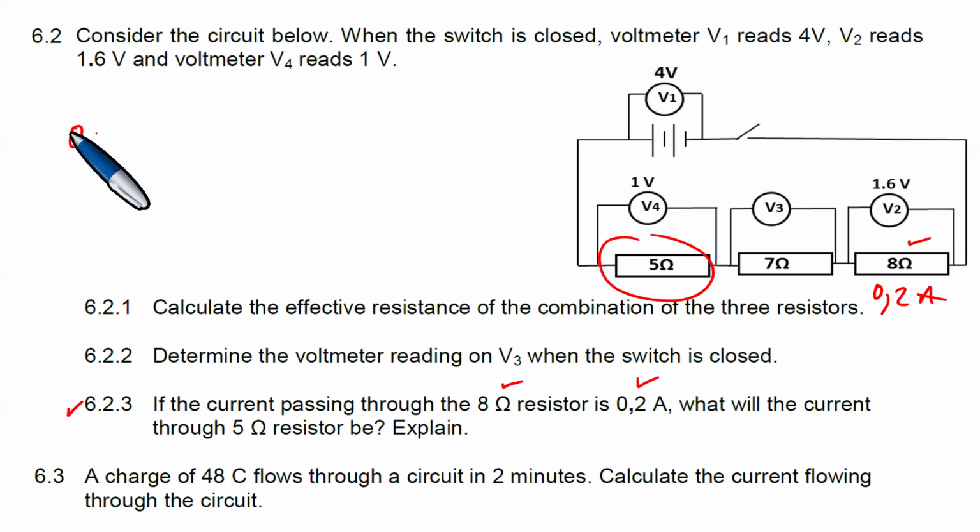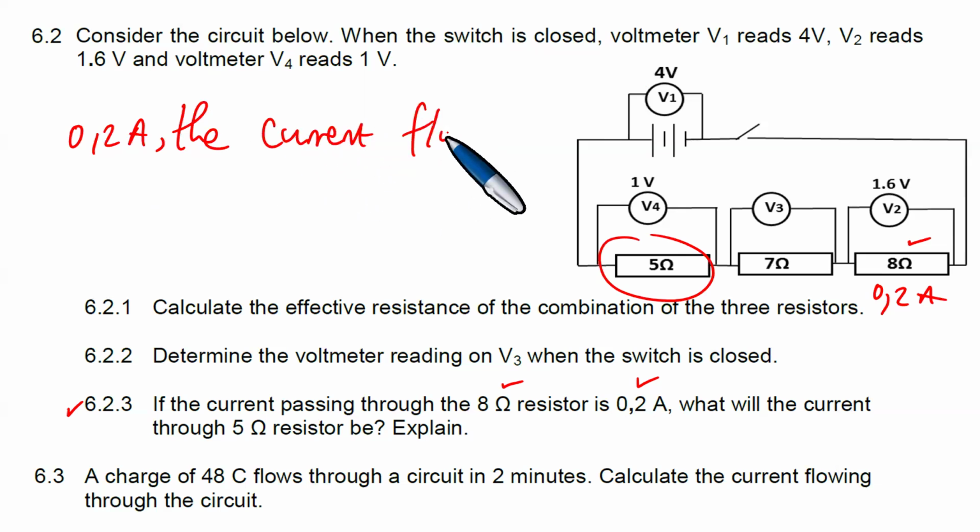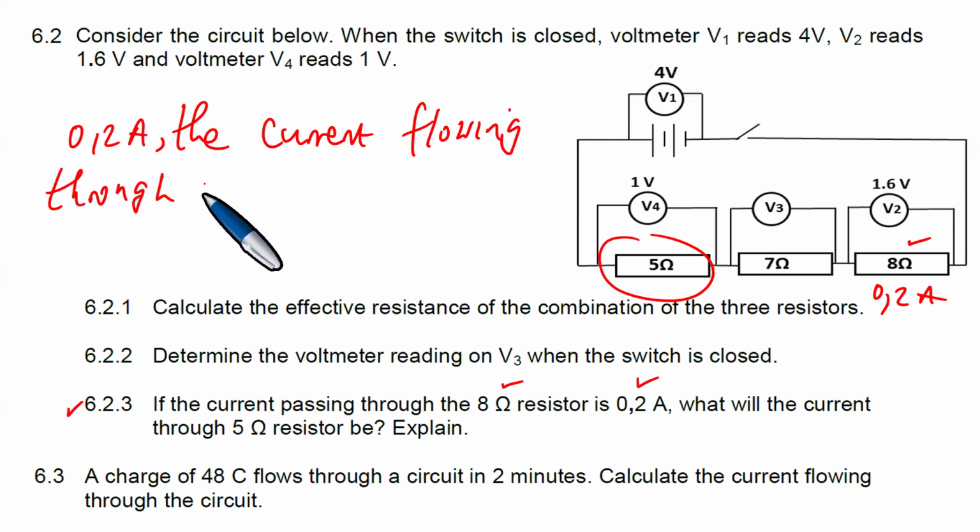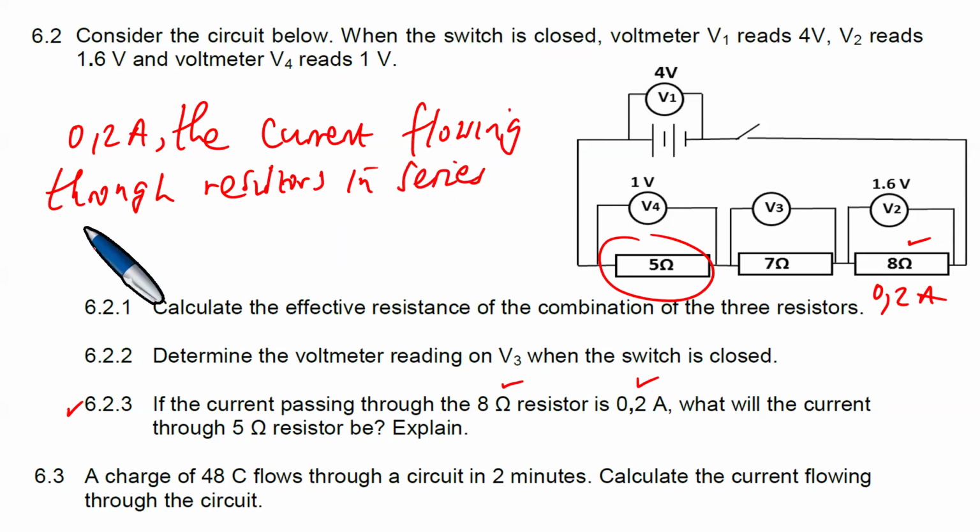It is exactly the same, 0.2 amperes. Why? The current flowing through resistors in series is the same. Because these are in series, it is the same current there. Positive, negative, and the current flows like that.